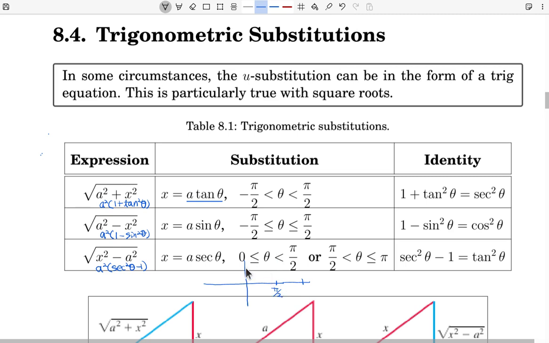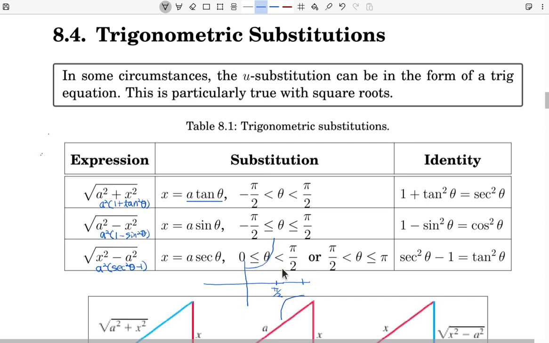Now 1 over cosine theta will blow up in this way, and then again here it is blowing up in the bottom direction. Just a moment, if I take a long one, it automatically makes a straight line. So in this way, secant theta can be made.